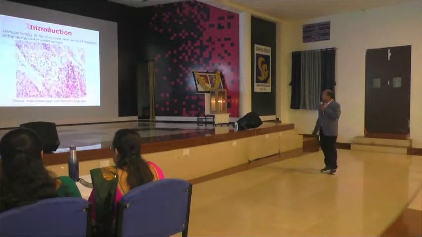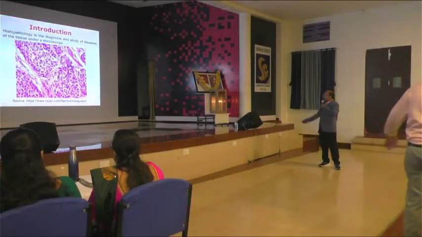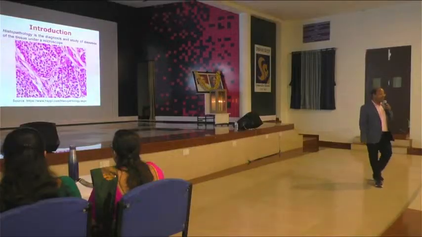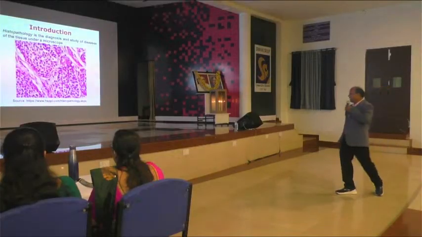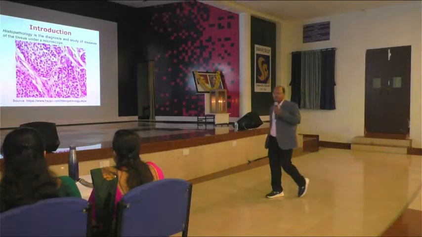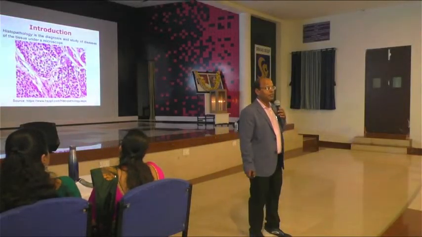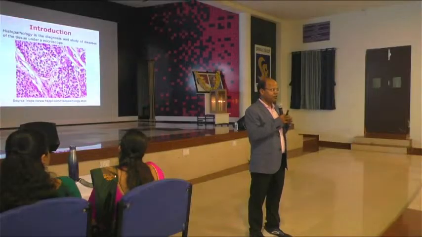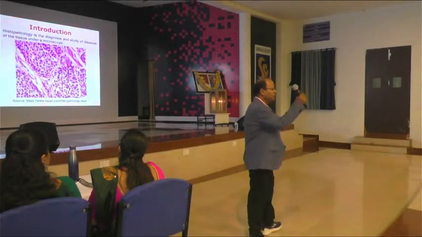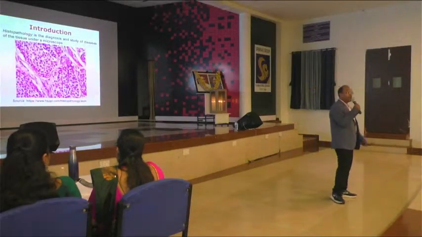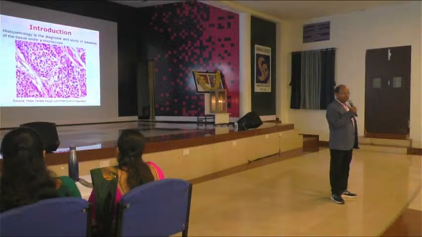Okay. This is the histopathology image, which is a two-dimensional image, right? And this is the most important in the pathology department. If a person has cancer, the grading of the cancer has to be done by the pathologist, right?